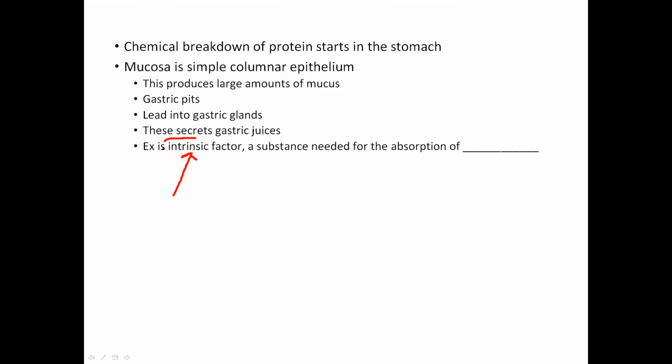Intrinsic factor is released from cells in the stomach because it is needed for the absorption of vitamin B12.